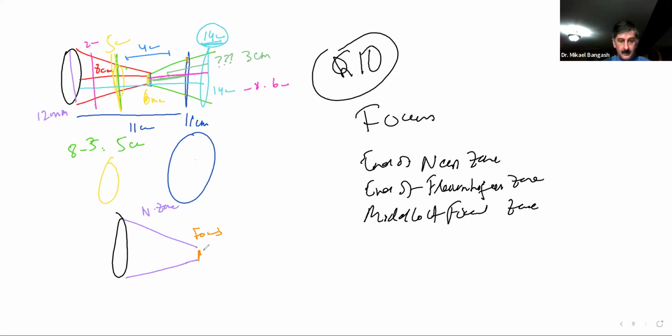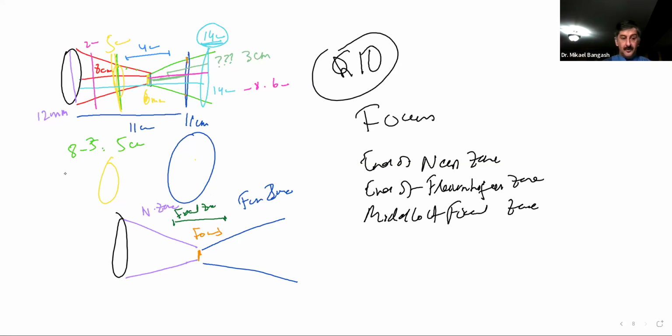And this here is your Fraunhofer zone, or far zone. And this here was your focal zone. Out of all these terms, there's going to be one that is different from the three others.